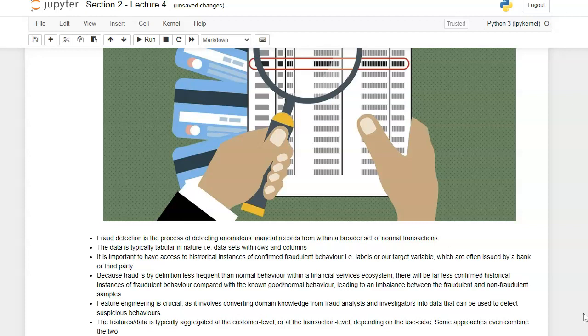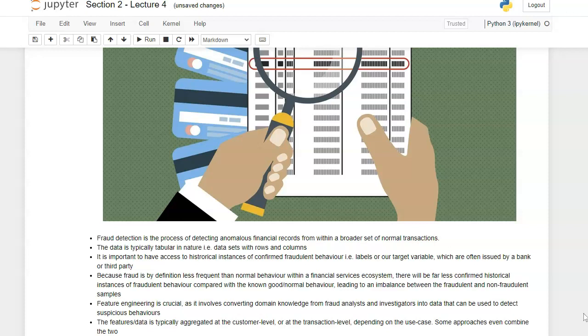Although fraud does creep into many and most organizations in some way or form, and fraud detection is the act of actually attempting to detect those suspicious transactions from within the sea of normal transactions.